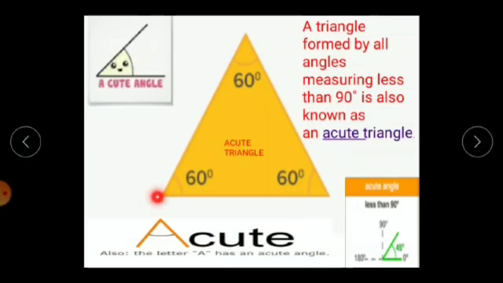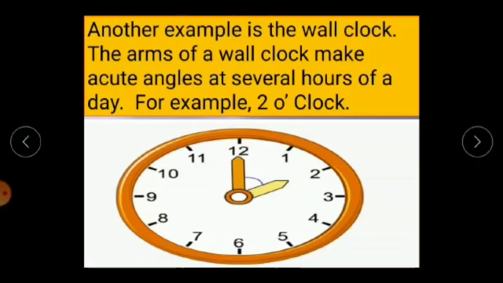For example, in an equilateral triangle, all three angles measure 60 degrees, making it an acute angle triangle. Now watch the real life examples of an acute angle.